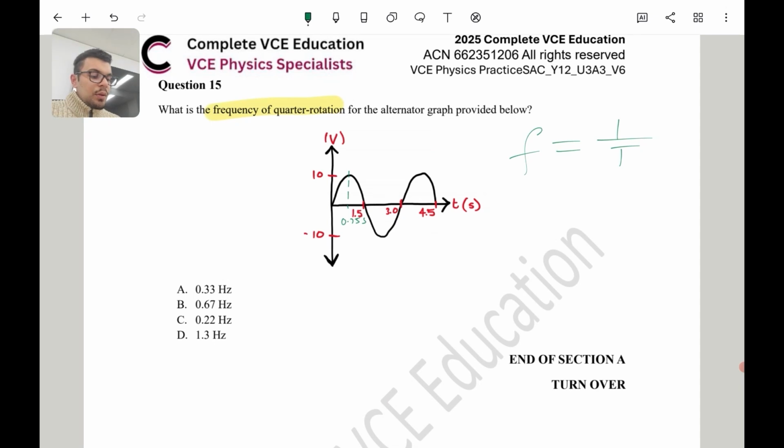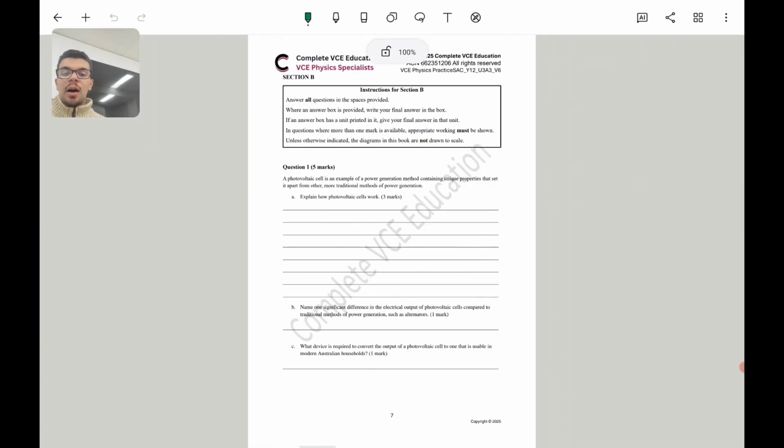Okay. So that's our time taken for 1/4 rotation. And so you can divide 1 by 0.75 and you'll get 1.33 hertz. So there are 1.33 quarter rotations happening every single second. Answer is D. All right, let's move on from there now.